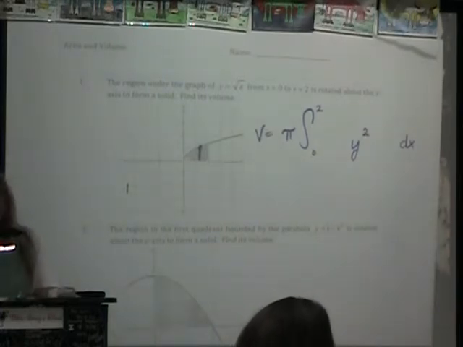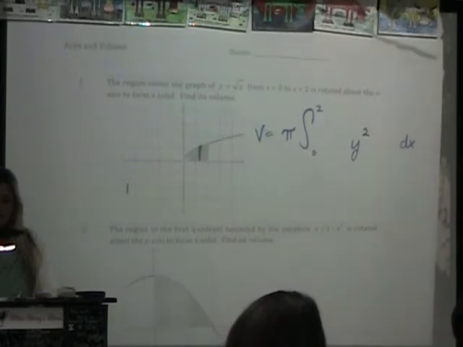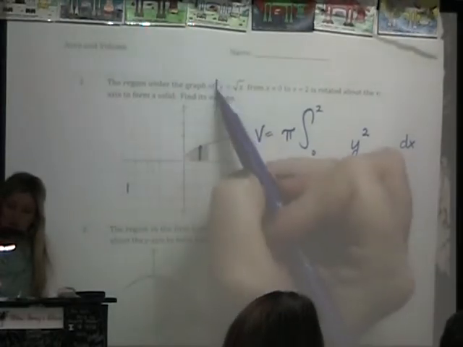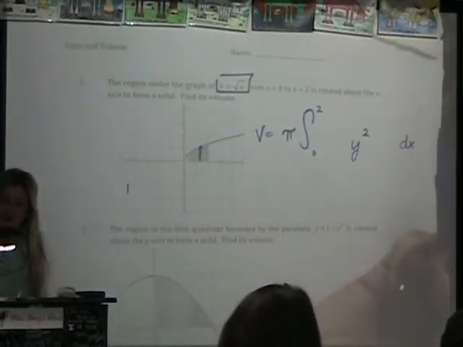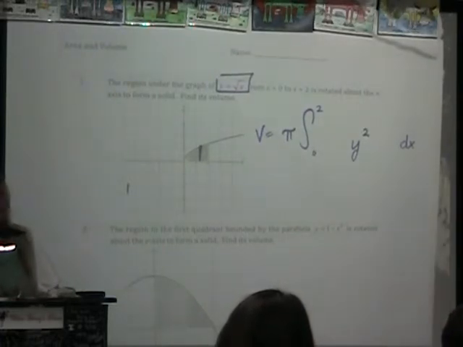But I can't stop there. What's wrong with that? Because you don't say in terms of x. Yeah, I need it in terms of x because I'm integrating dx. So we use our formula y equals square root of x, and we solve it, or we don't have to solve it, it's already solved, but we sub in what?